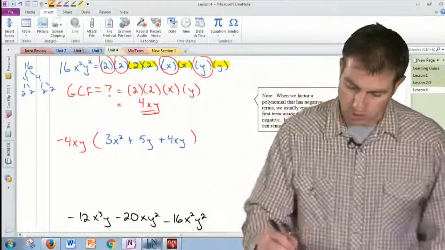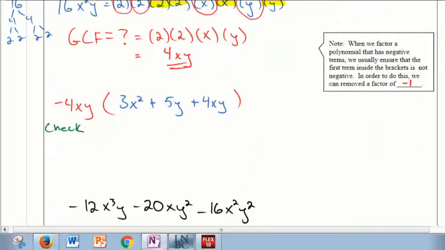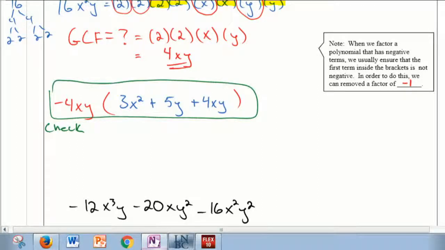So what I want to do is check to see if my answer is correct. So I'm just going to rewrite everything here: -4xy, 3x squared plus 5y plus 4xy. I'm going to expand. That is what checking really means. Just expand and multiply this out 3 times.